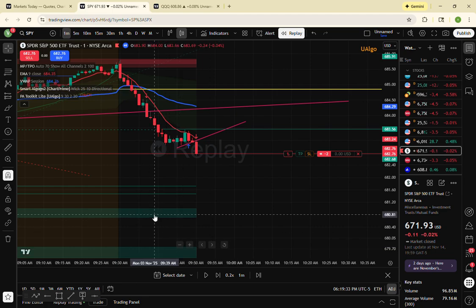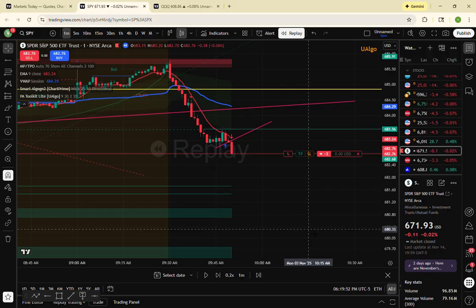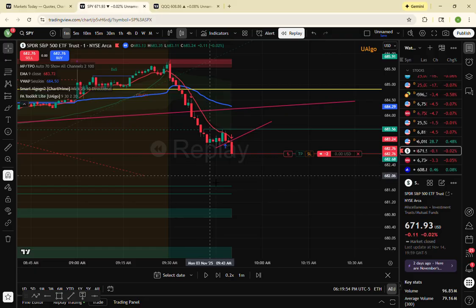So all this blue highlighted line right here, they're actually previous, and the red one right here, they're previous resistance and support. They are both resistance and support. So I know this price is going to eventually come down and touch here.